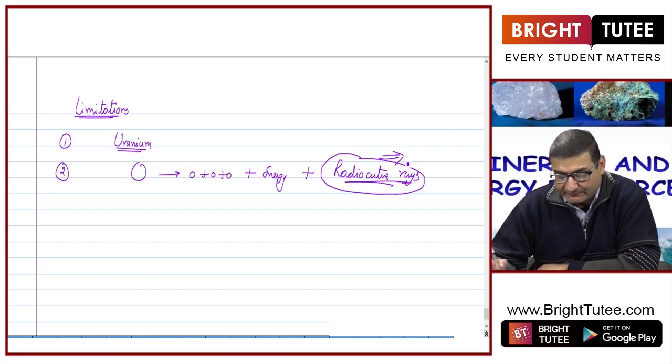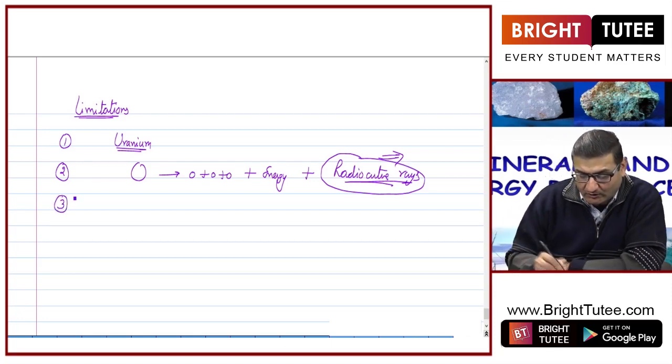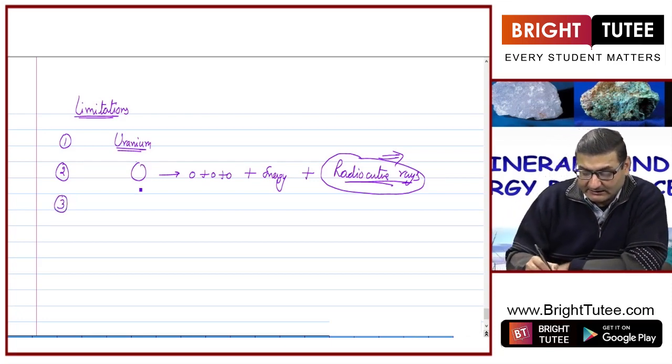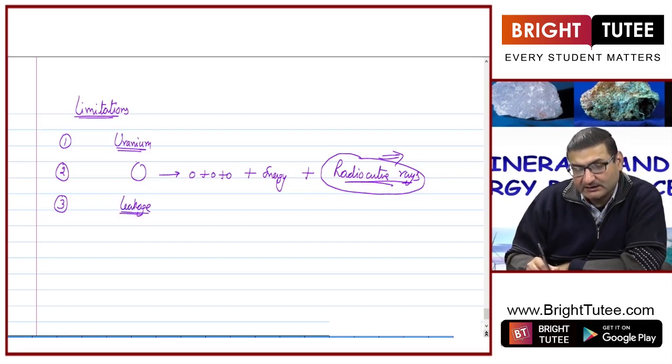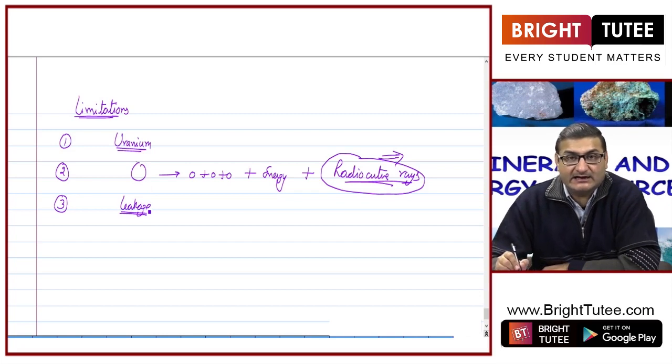Plus, if these waves or radioactive waste leak out, there is a threat of leakage. There have already been 2 instances in human history where nuclear reactors had a leakage, and this has led to very disastrous effects. One was at Three Mile Island in America, and second one was Chernobyl in Soviet Union, USSR, Russia.